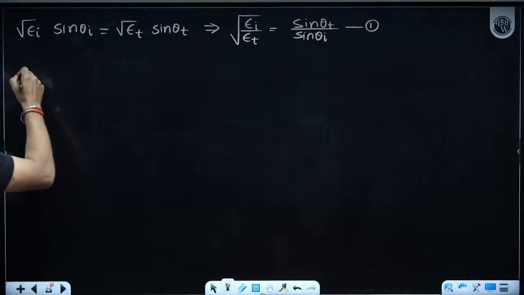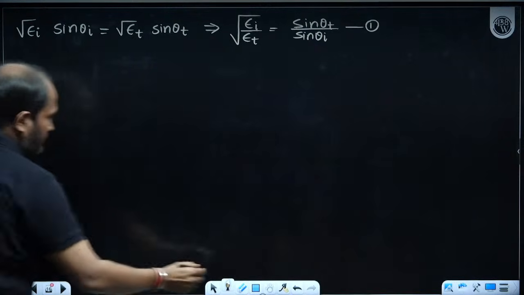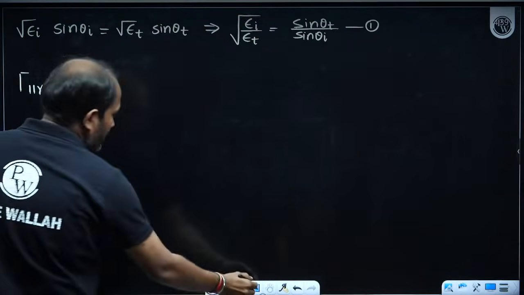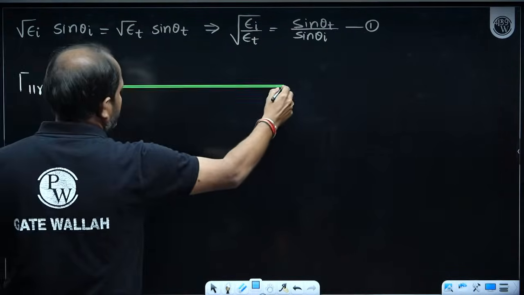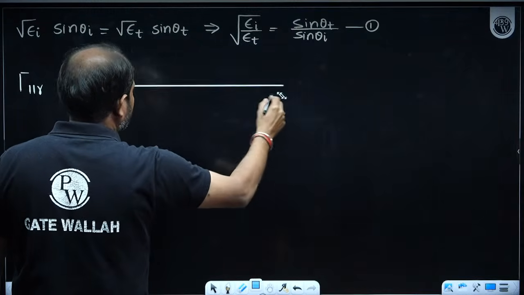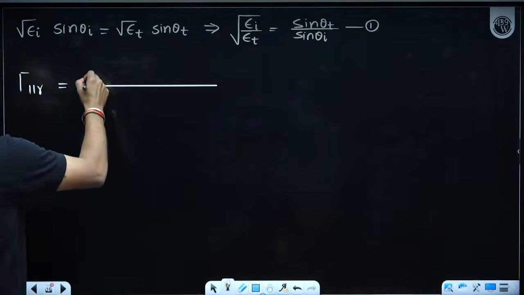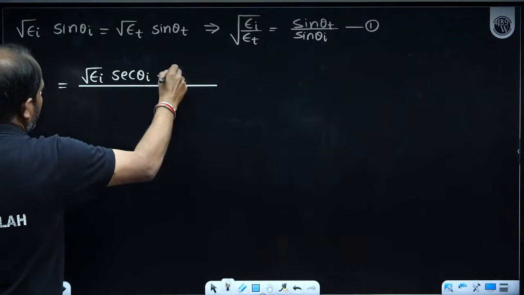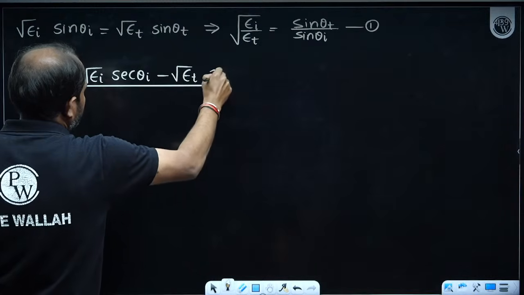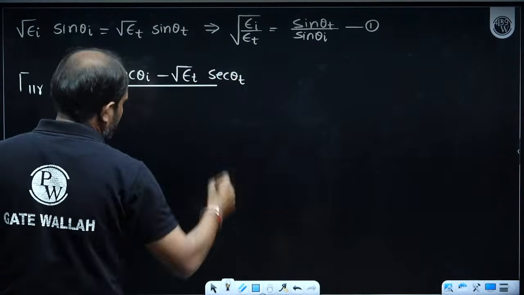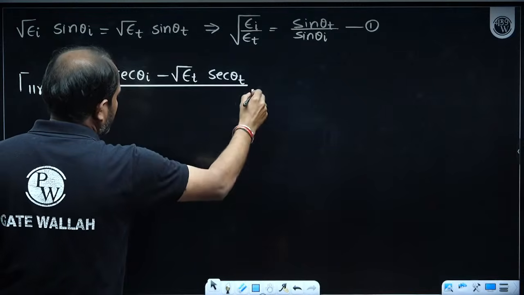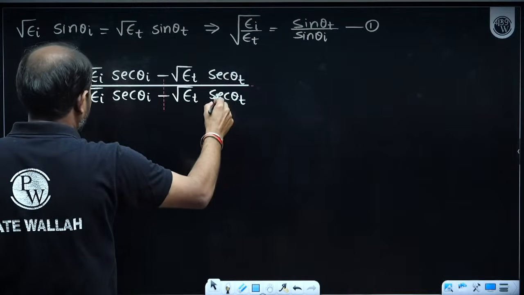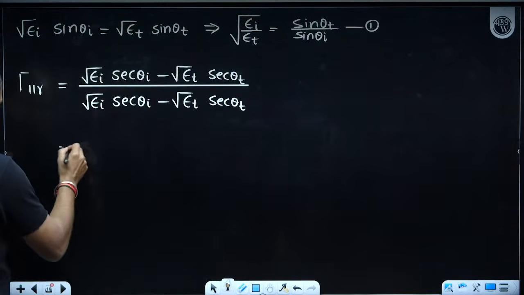Then for parallel polarization, gamma is under root epsilon I sec theta I minus under root epsilon t sec theta t, upon under root epsilon I sec theta I plus under root epsilon t sec theta t.